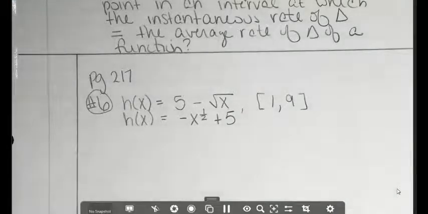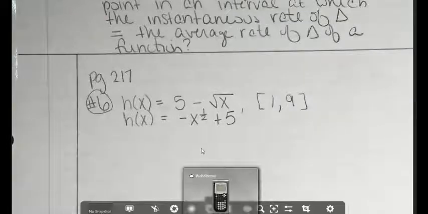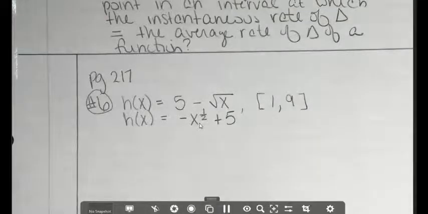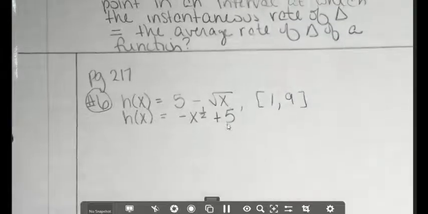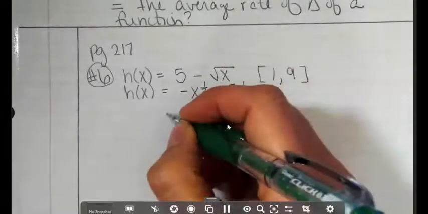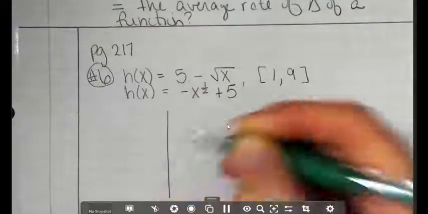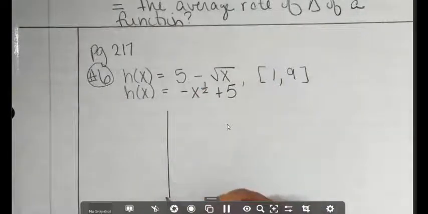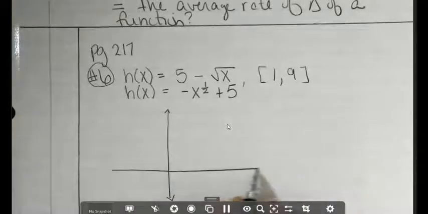Okay, so thinking about this graph, the first thing I want to do is see what the graph looks like. Now it's a square root graph, and it's negative, so it's flipped, and it's raised up 5. And I care about it from 1 to 9.